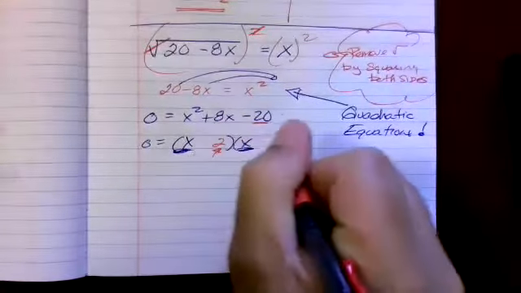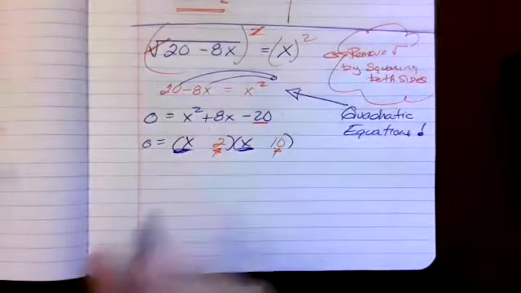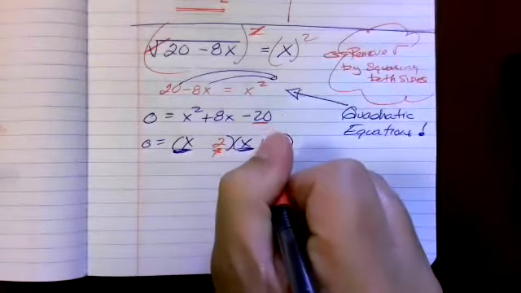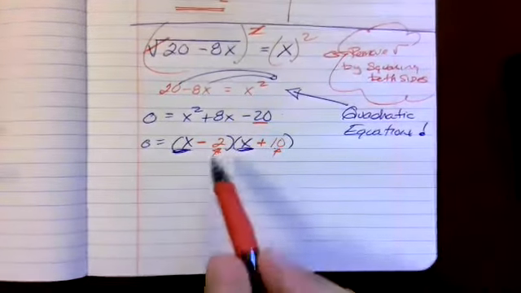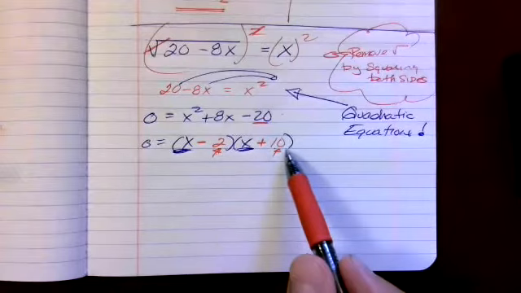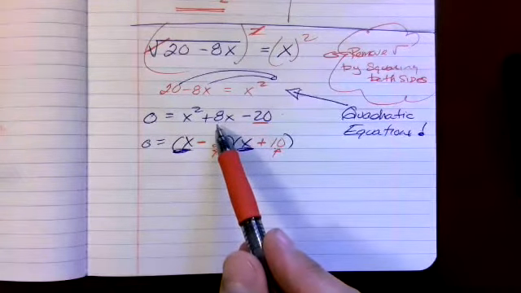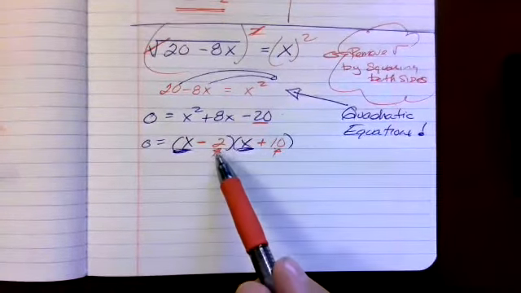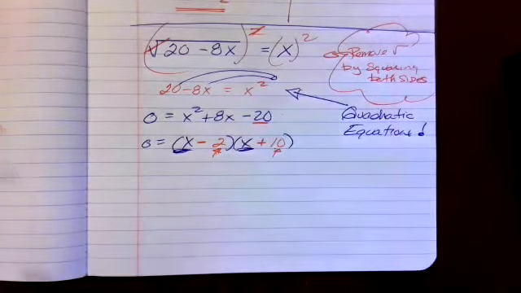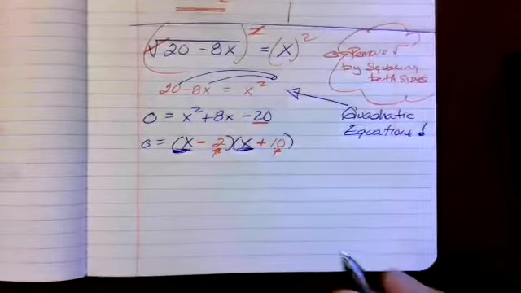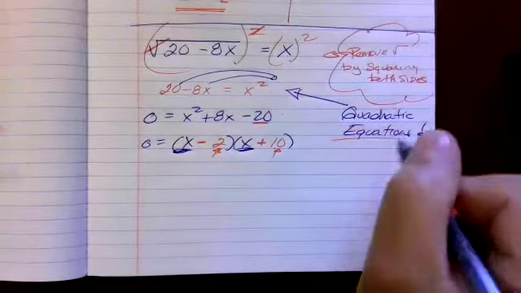So I'm going to use 2 and 10. And it has to be a positive 8, so it has to be a plus 10 and a minus 2. So I could see my inners and my outers give me my b term of 8x, and a negative 2 times a positive 10 gives me negative 20. So this factored correctly, right?